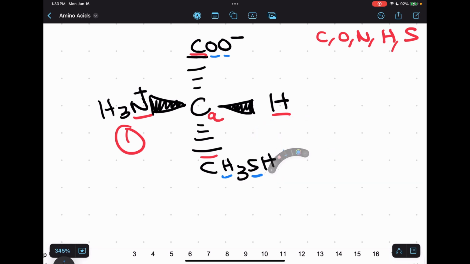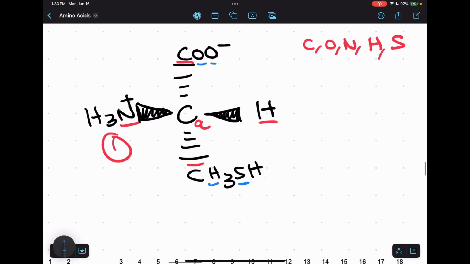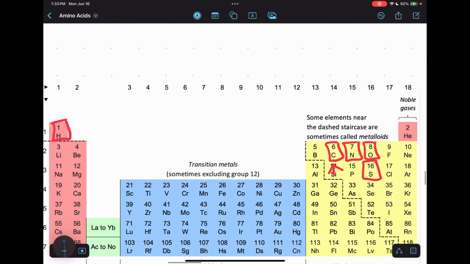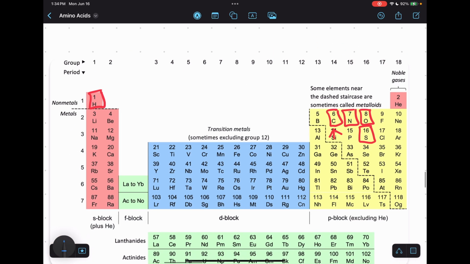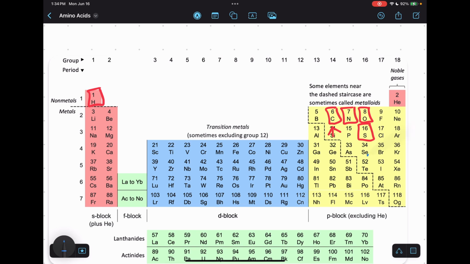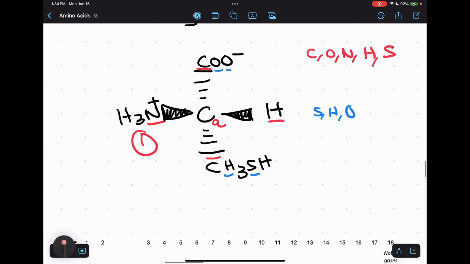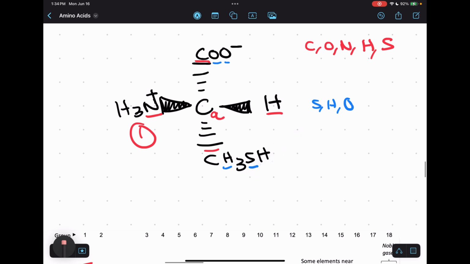So if we're taking a look at what the priority is between sulfur, hydrogen, and oxygen, we can look again at the periodic table. And the element that has the highest atomic number is sulfur, between sulfur, oxygen, and hydrogen. So sulfur is going to be the tiebreaker here.